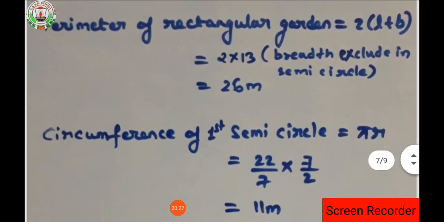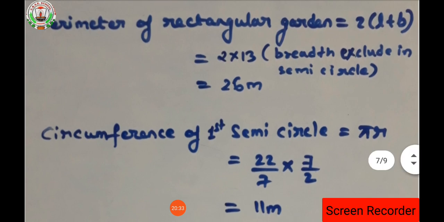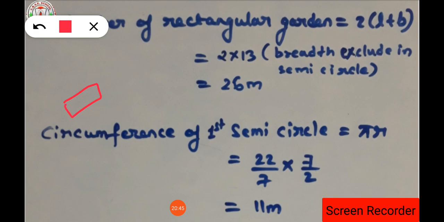Now the next question is, not the next question, the continuation of the same question. Okay, this is question number 3 going on only. Perimeter of a rectangular garden is equal to 2 into (L plus B). Okay, as I told you, if we are talking about the perimeter, since this is a rectangular garden, this is the breadth, and this breadth will act as the semicircle's diameter.